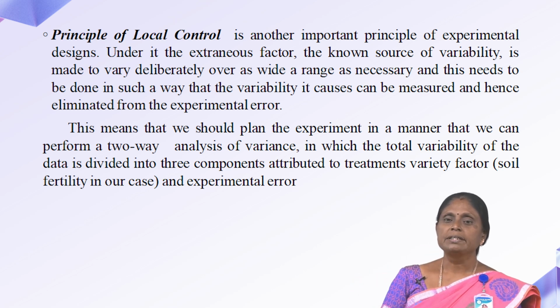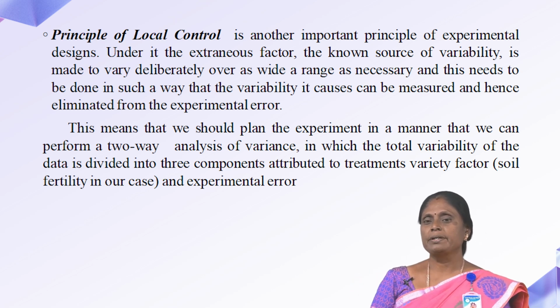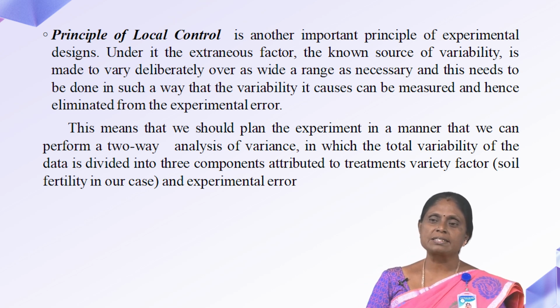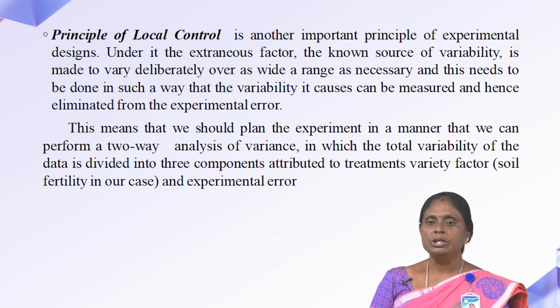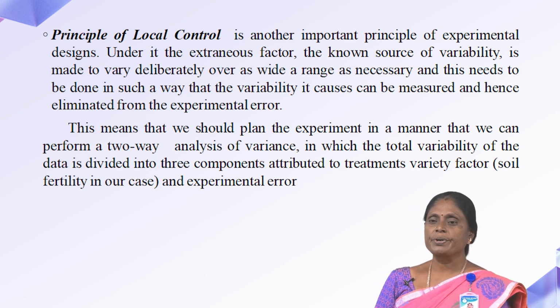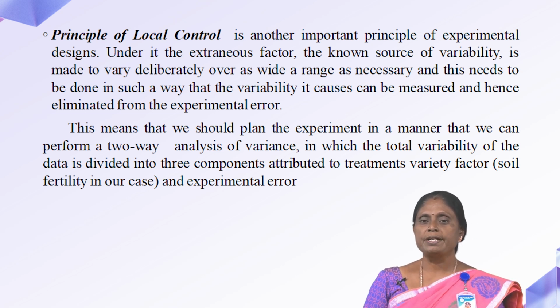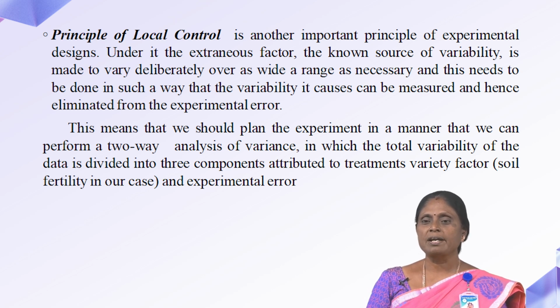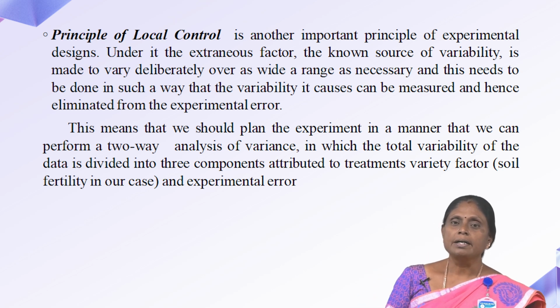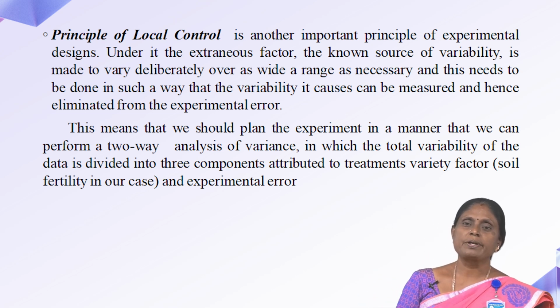So that means we should plan the experiment in a manner that we can perform a two-way analysis of variance, in which the total variability of the data is divided into three components: attributed to treatments, varieties of rice in our case; the extraneous factor, soil fertility in our case; and the experimental error.